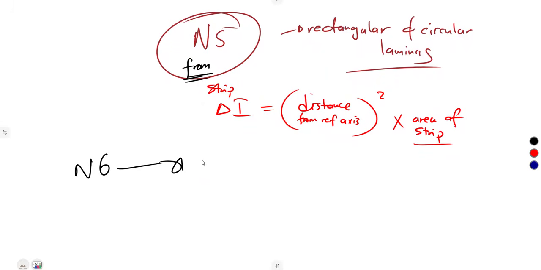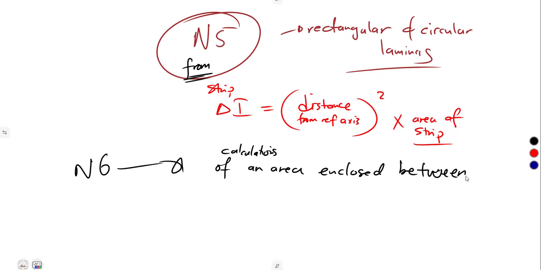So now our second moment of area is based on the calculation of an area that can be enclosed between a given curve.